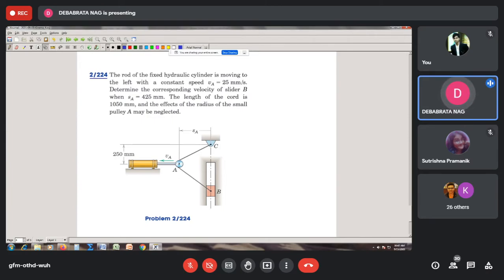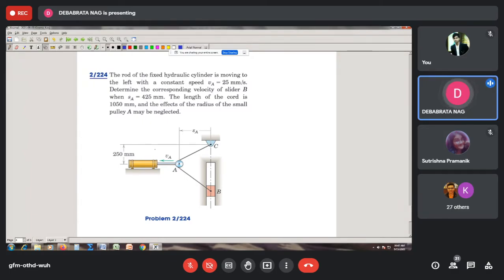The string is connected this way, and ultimately it is connected to the block B, which is fixed in the vertical slot. So this pulley is constrained to move in the horizontal line, and this end of the string is constrained to move in the vertical line. That is the problem being given.